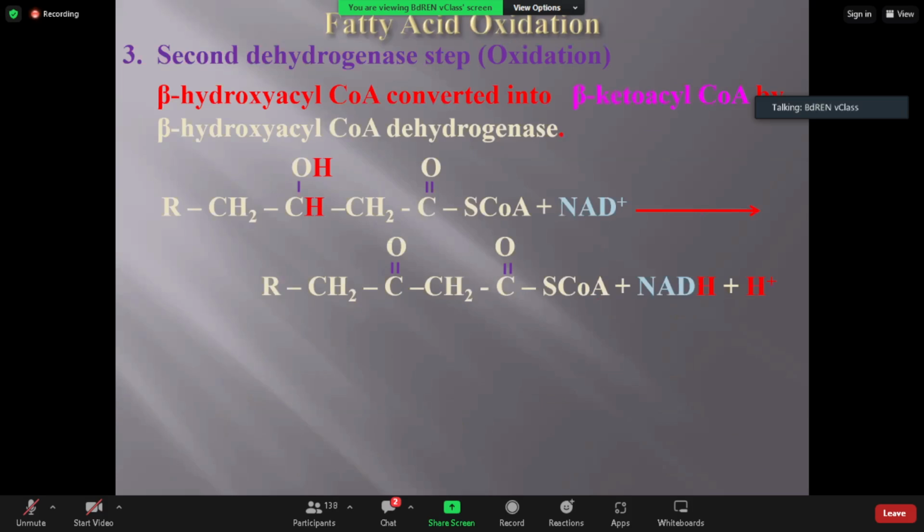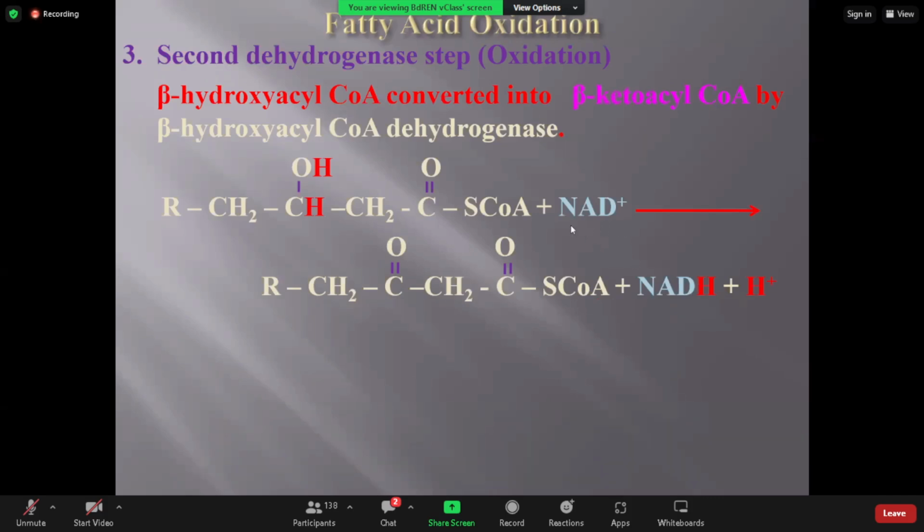Then the second dehydrogenase step. In the first dehydrogenase step one FADH2 is produced, but in the second dehydrogenase step NADH is produced. And why NADH?